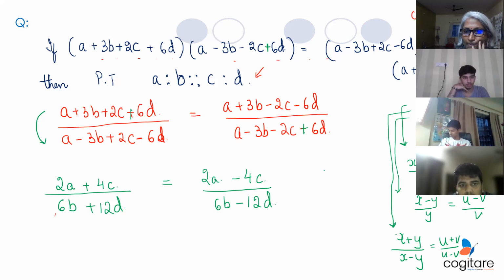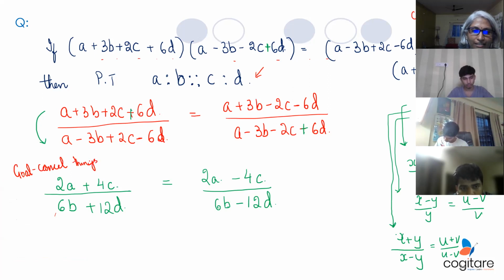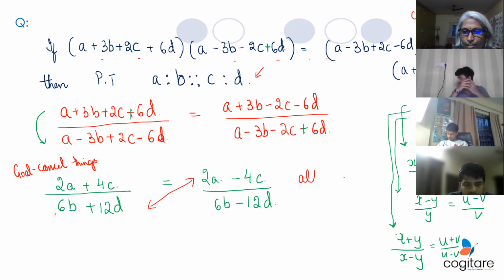Ma'am, then it will become of the form 2a plus 4c by 2a minus 4c. Very good. Chirayu said, look, my goal is to cancel things out. I can cancel things out only if they are like terms, right, guys? 2a, 4c, 2a, 4c, their pairs are lying in different places. Hence, we will alternate.